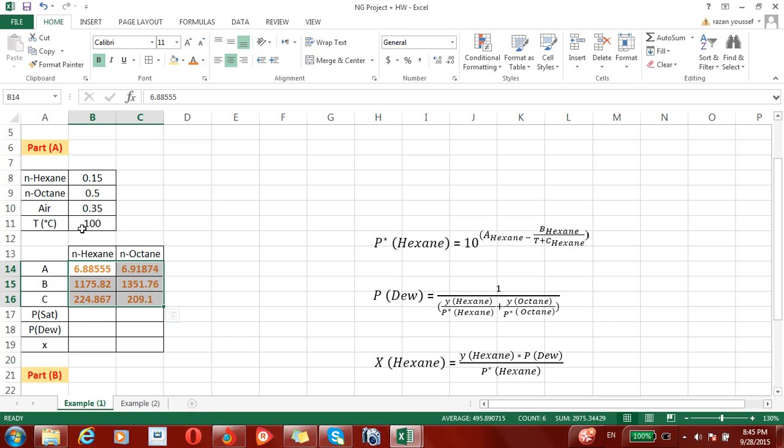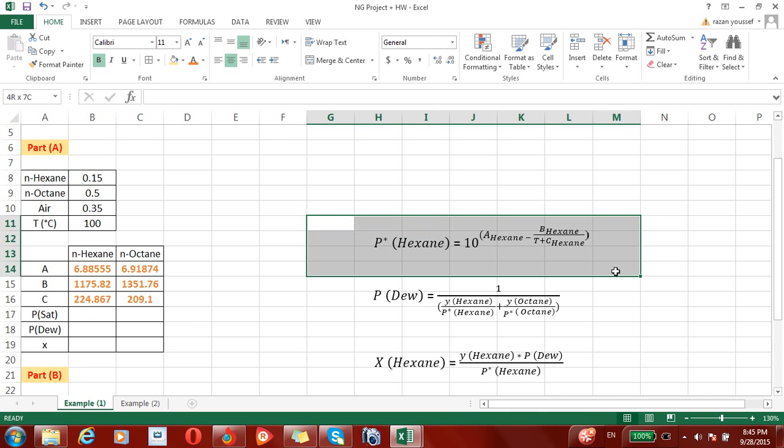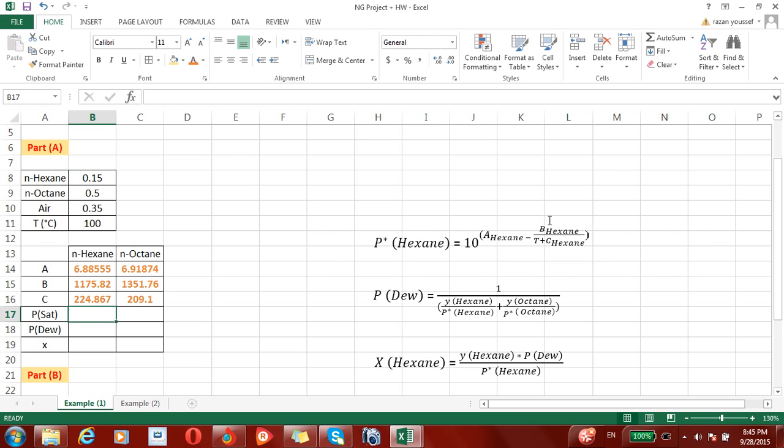So let's start by calculating the saturated pressure by using the Antoine equation, which is 10 to the power of A minus B over T plus C. I need to apply this equation for both n-hexane and n-octane.